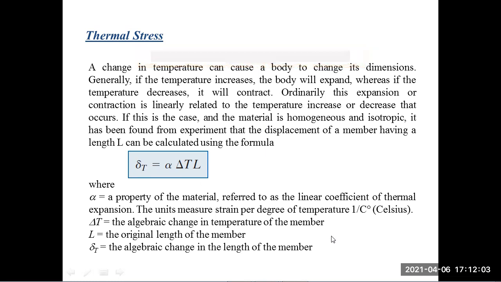Okay. So if we come to the formula, this is the change in length due to change in temperature. Delta T is the change in temperature. Delta sub T means the change that is taking place in the length due to temperature.